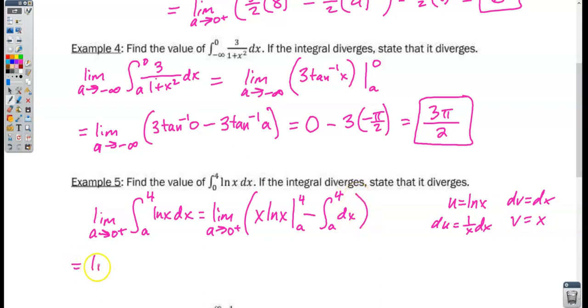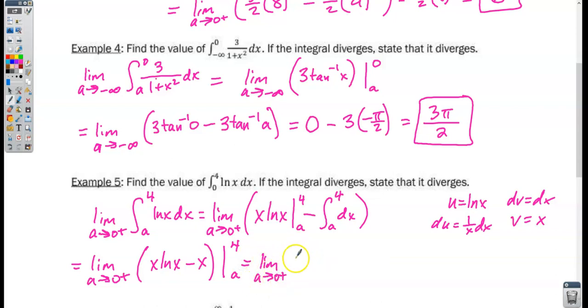And so this is equal to the limit as a goes to 0 from the right of the quantity x log of x minus x, evaluated from a to 4. Okay, so this is going to be equal to the limit as a approaches 0 from the right of 4 log of 4 minus 4 minus the quantity a log of a minus a.